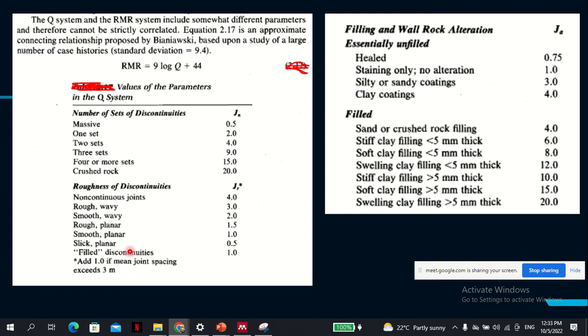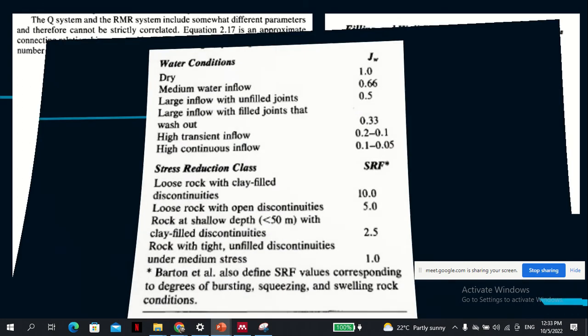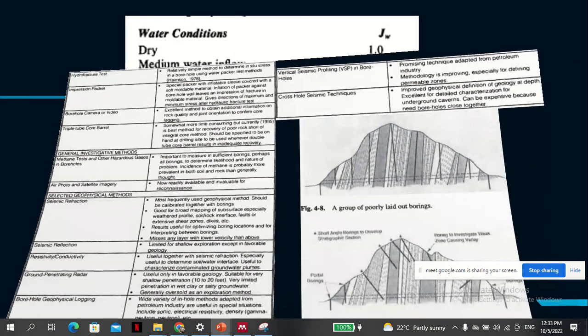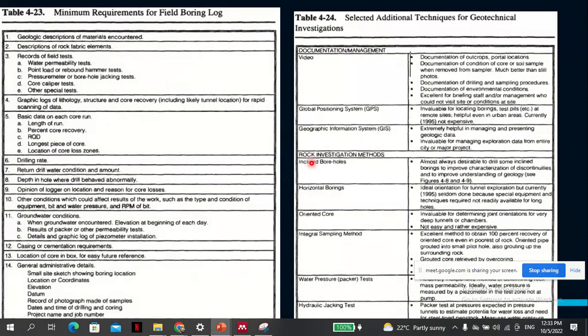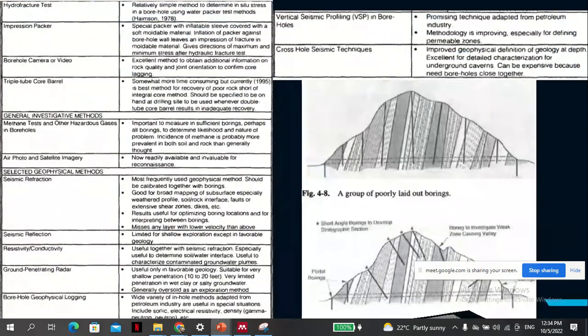So the last two slides are a summary of all these tables that you can see here, which you can read for yourself.